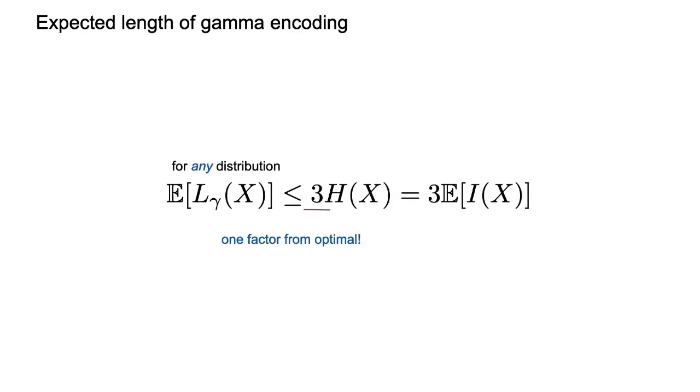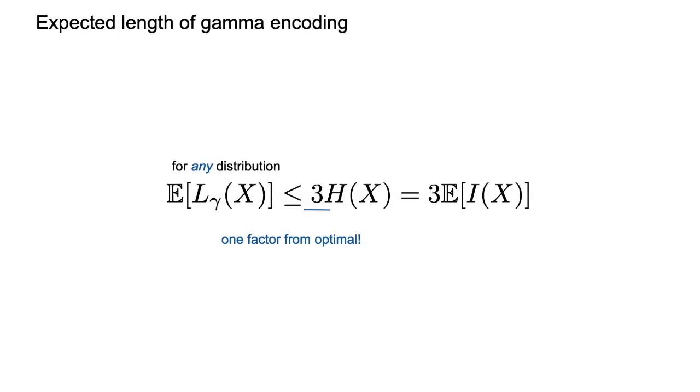But, and this is kind of how I'm going to almost end the lecture today, the beauty of the gamma encoding is that whatever distribution you take, it doesn't matter. It can be the geometric distribution, the uniform distribution, any distribution. The gamma encoding has an average length that is always upper bounded by a factor of 3 of the entropy.